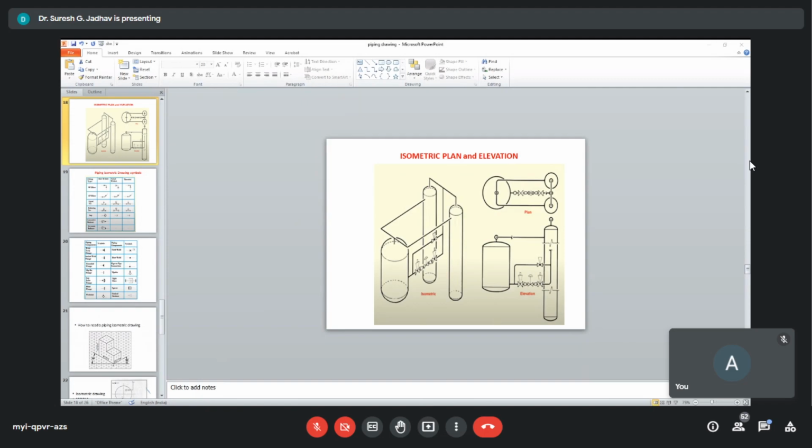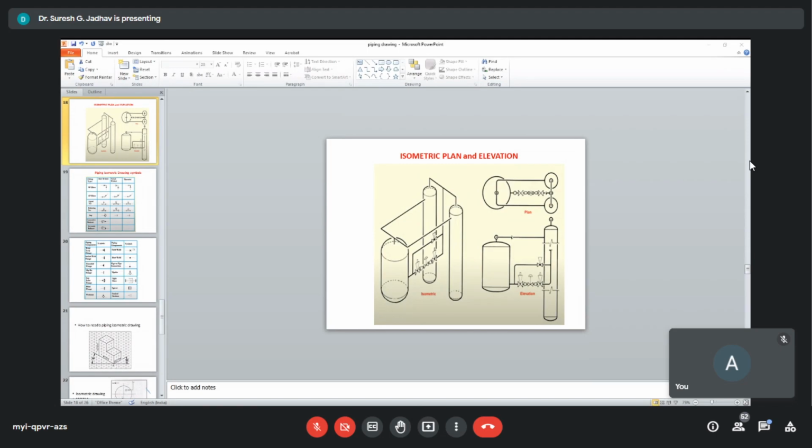So to provide full information using orthographic drawings, the number of drawings will be increased. For reading and understanding piping isometric drawings, one should learn the piping isometric drawing symbols thoroughly.